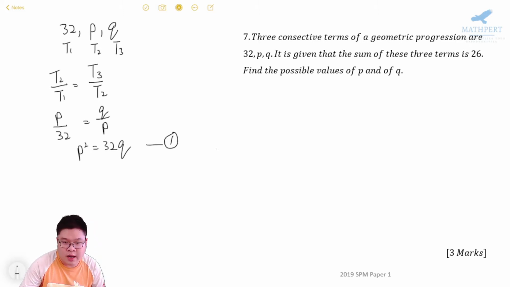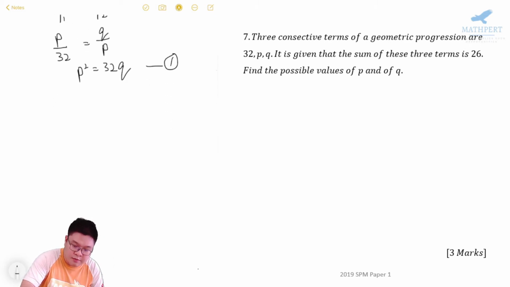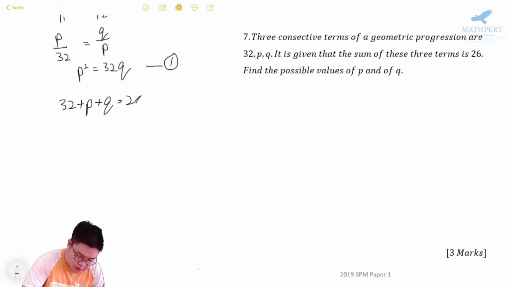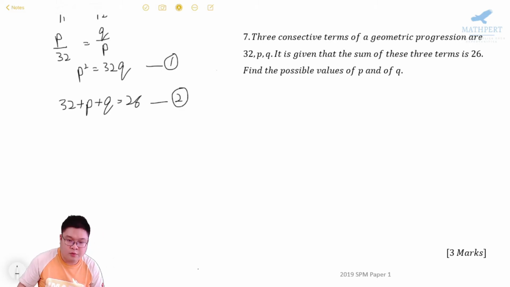And then what else? It is given that the sum of these three terms is 26. So the second equation that we can get is the sum of the first three terms, 32 plus P plus Q is equal to 26. So this is equation number 2. We have two unknowns and two equations, so we can solve it simultaneously.